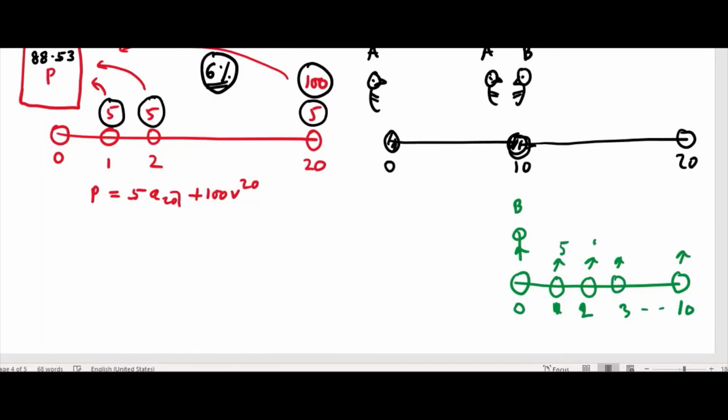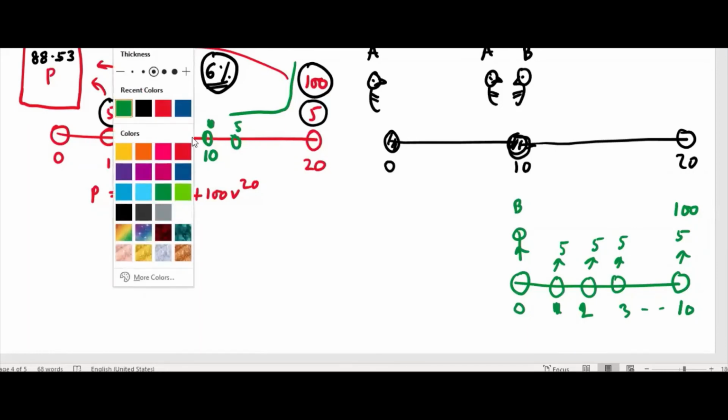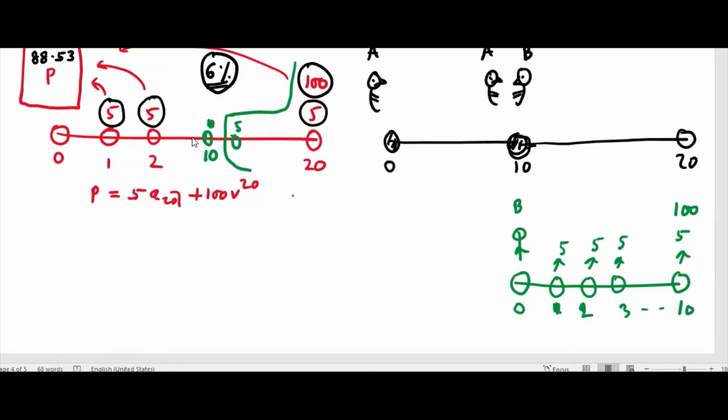So B will get 55, sorry, 5. Finally, B will get 100. Whatever payments A was supposed to get from 11, because this coupon he has already taken. So before selling this one, all these payments will now go to B. B is now counting how many payments B will get.